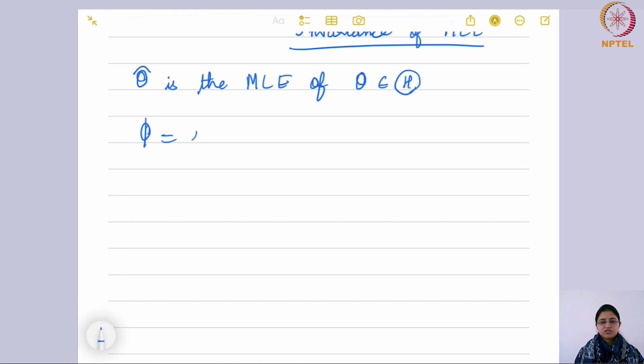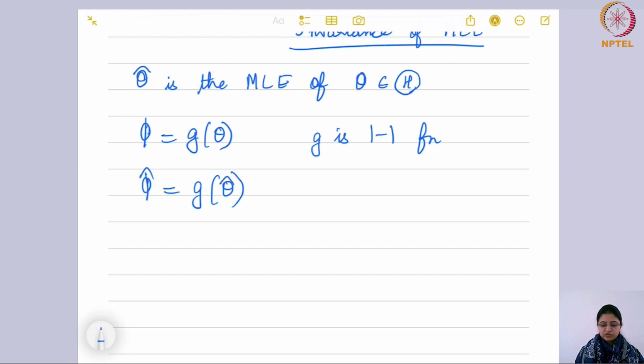Suppose we denote this g of theta as phi. g is a one-to-one function, and phi hat would be g of theta hat. You have to show that phi hat is the MLE of phi, and we can consider the parameter space to be capital phi.